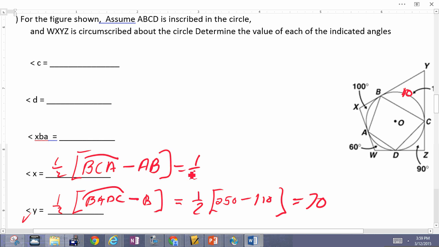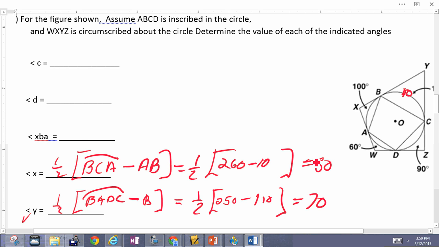Well, it's easy enough. BA is 100, so BCA is the rest of the circle. So that's 260 minus 100, which is 160 divided by 2, which makes angle X an 80-degree angle, okay?